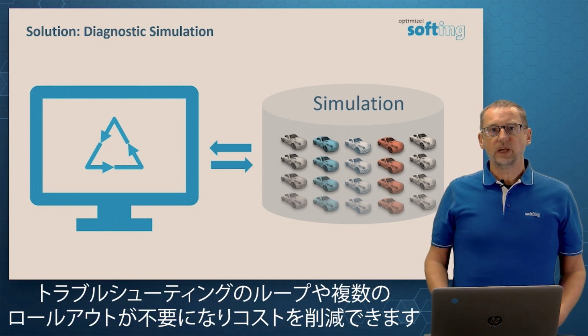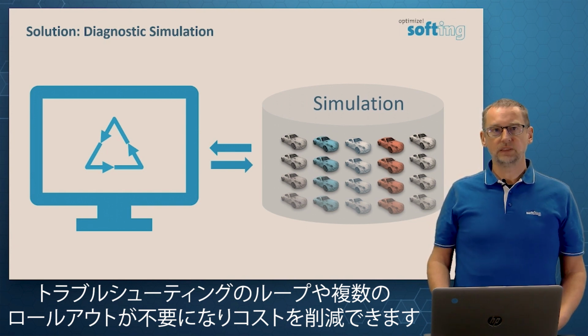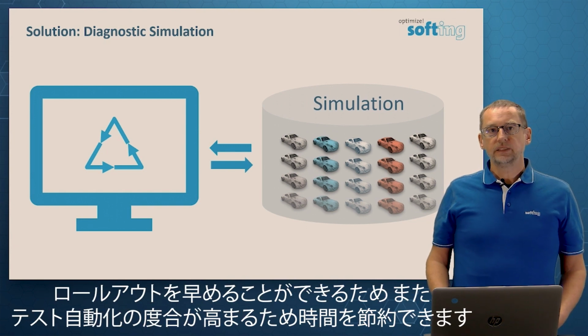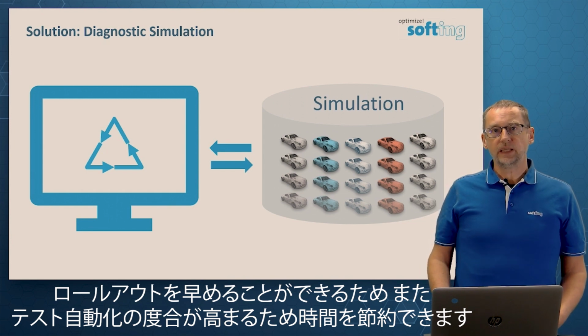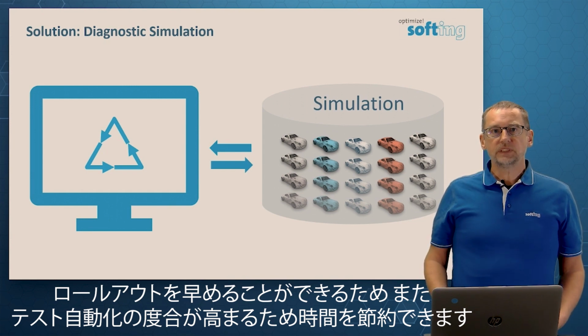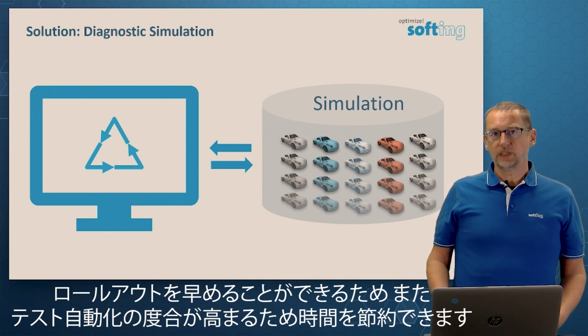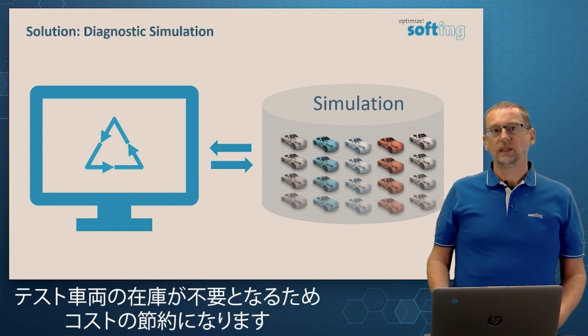It saves money by eliminating the need for troubleshooting loops and multiple rollouts. Saves time as the rollout can take place earlier. Saves time because the degree of test automation can increase, and saves money because no test vehicles have to be kept in stock.